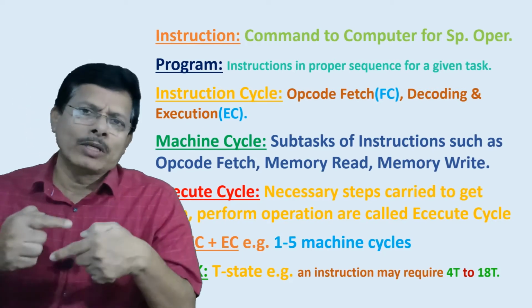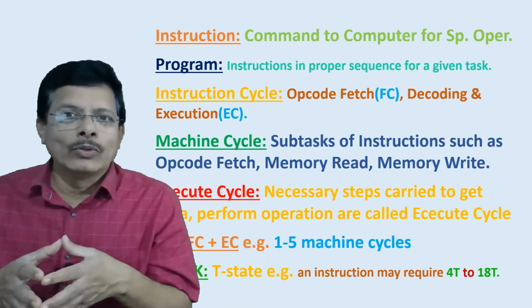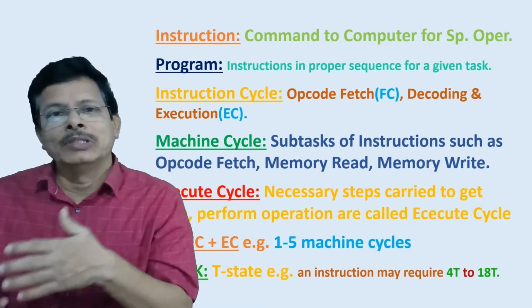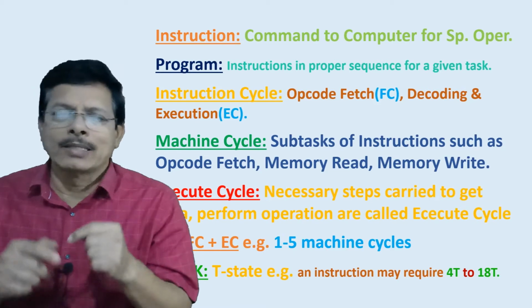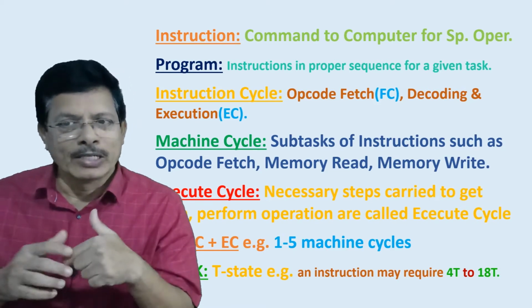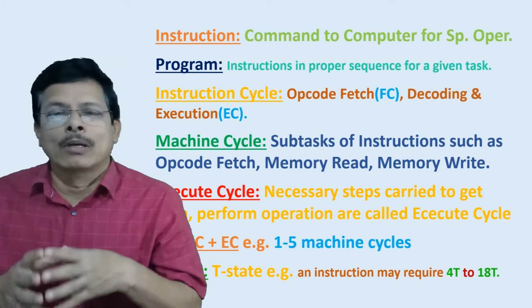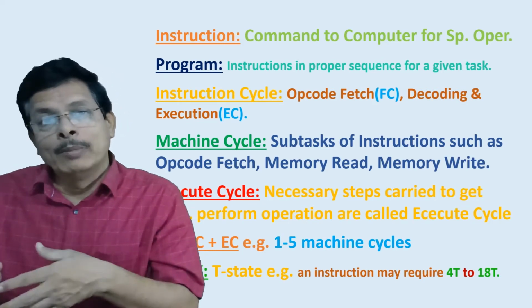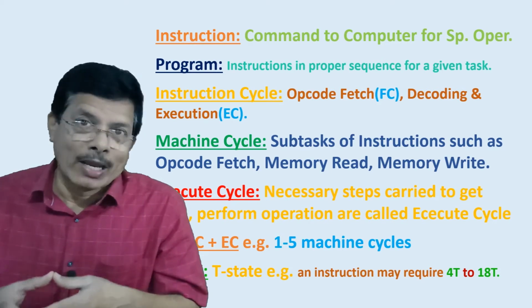I am using the word cycle because program execution involves a lot of instructions and instruction fetching and sub-parts of every instruction, and you know that the word cycle is used wherever a certain process is repeated so many times. The necessary steps carried out to get data from memory or store data to memory are called the execute cycle.